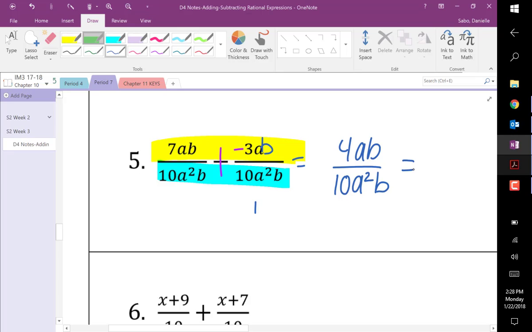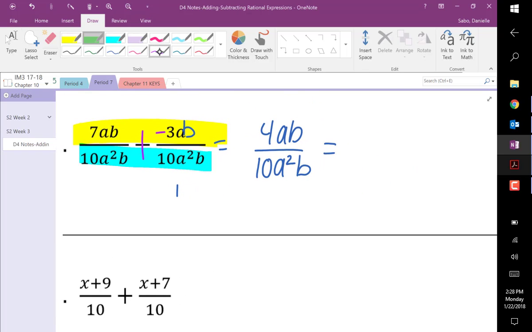Now, that's the answer, but you can start simplifying things like we're used to doing. Let's start with the numbers first. Is there a number that goes into both 4 and 10? Yeah, 2. So I'm just going to divide both of them by 2. What's on top? 4 divided by 2 is 2, and then 10 divided by 2?